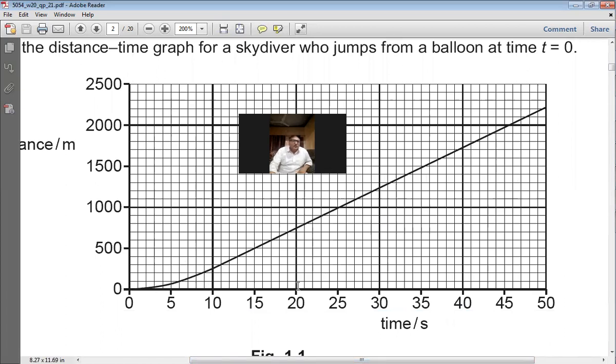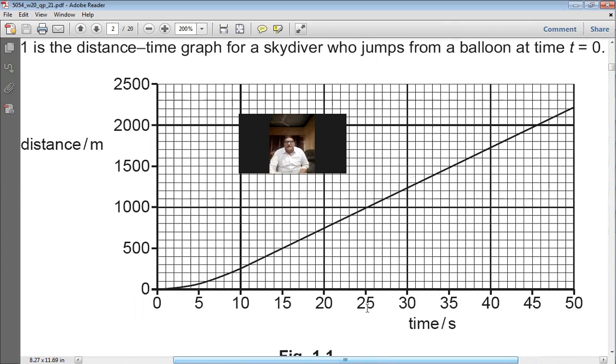From t0 till t20, the graph is curving upward, and after 20 it becomes a straight line. On a distance-time graph, when it's curving upward, the speed is increasing, and when it's an inclined straight line, the speed is constant.